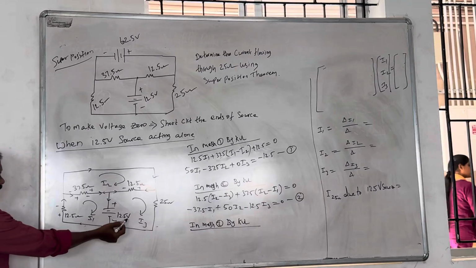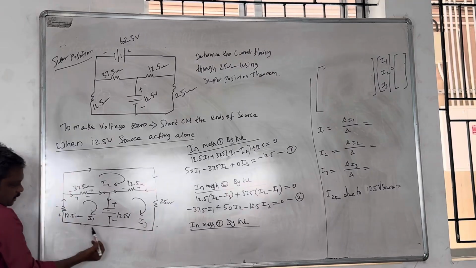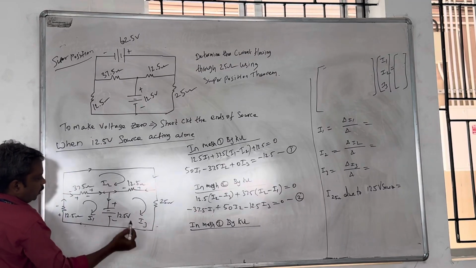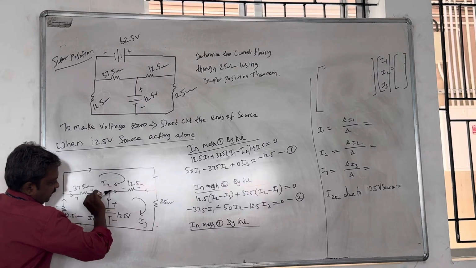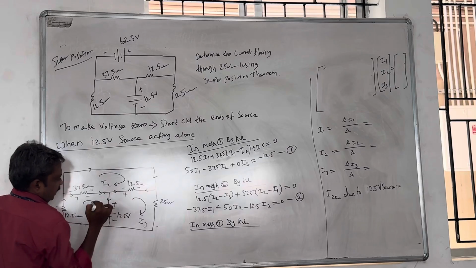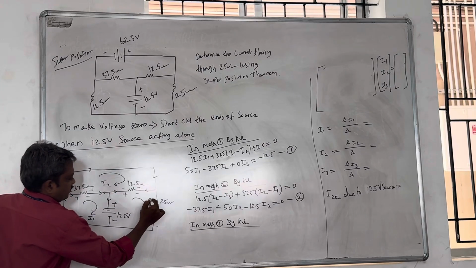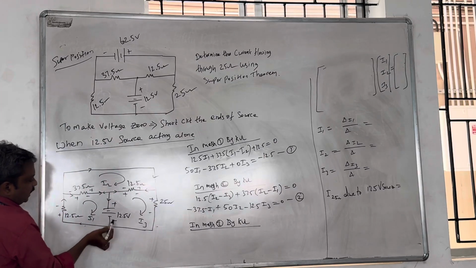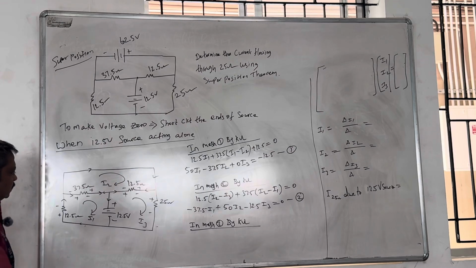So, come to mesh equation 3. According to the current direction I3, you give polarity. I am entering in clockwise direction into this 12.5 ohm. So, I am giving new polarity, entry plus, leaving minus. This is already having potential, do not disturb. Now, you consolidate.